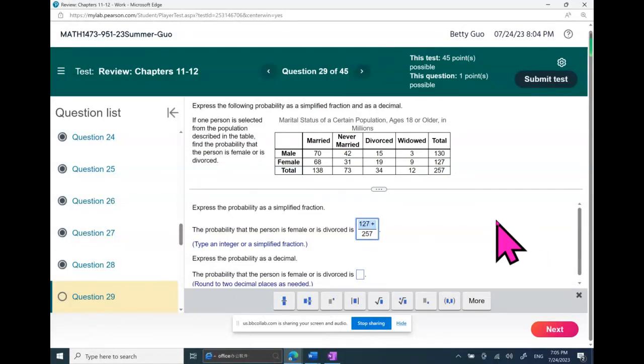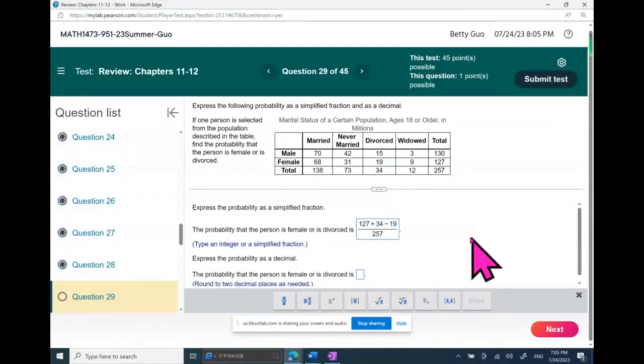Second number is the number of people who are divorced. How many people divorced? 34. And then minus the third number. The third number is the total number of people who are both. How many female divorced? Female, this column and second row, 19.